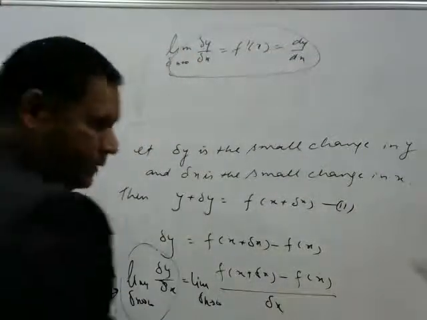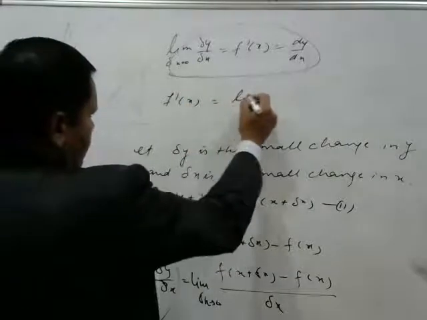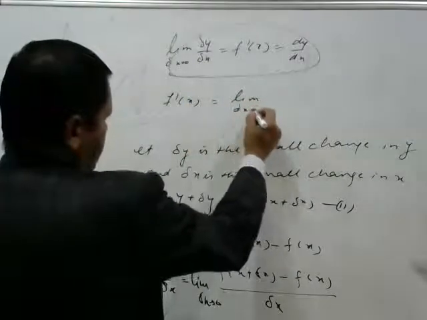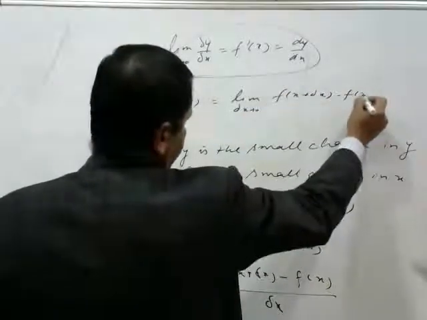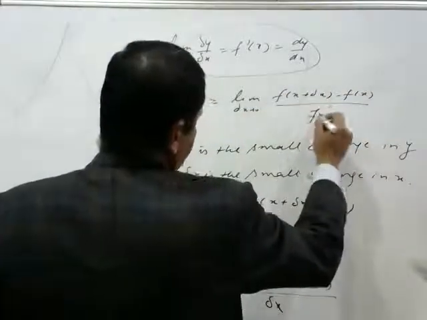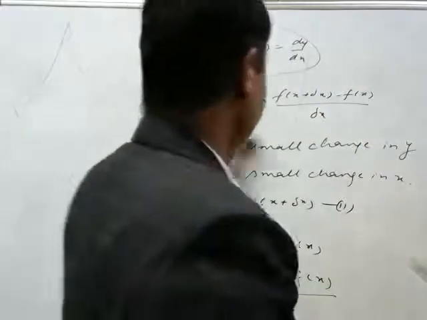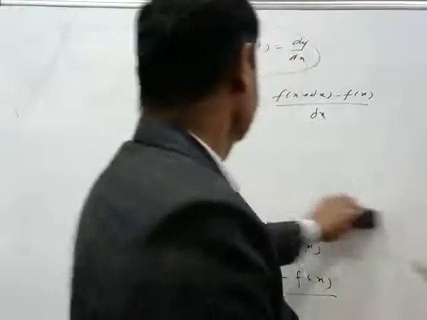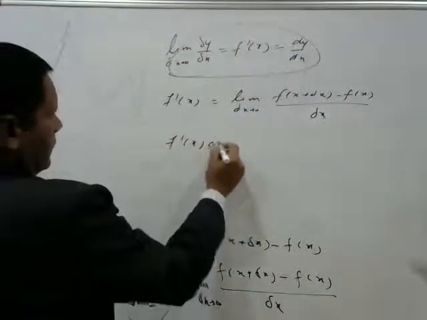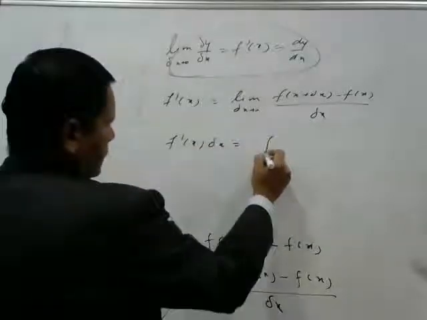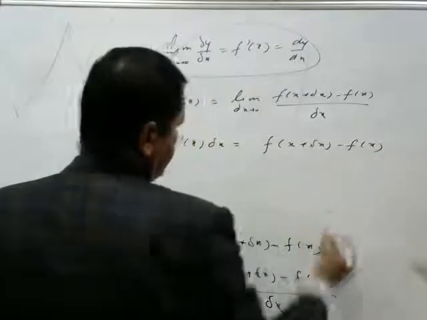Therefore, can I write now f dash of x is equal to limit delta x tends to 0 of f of x plus delta x minus f of x upon delta x, right? Now, can I write f dash of x delta x is equal to f of x plus delta x minus f of x, right?